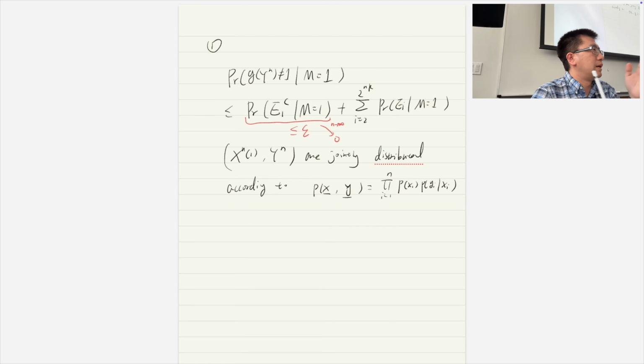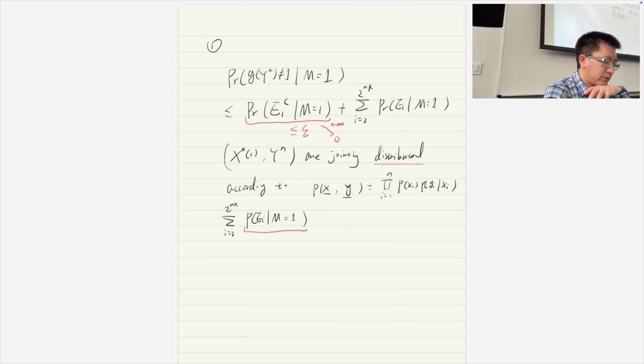Then does that remind you of anything? If they are independent of y, we generate x and y based on p(x) times p(y). And then what is the probability that they are jointly typical? What's the probability that they are jointly typical, for this one?